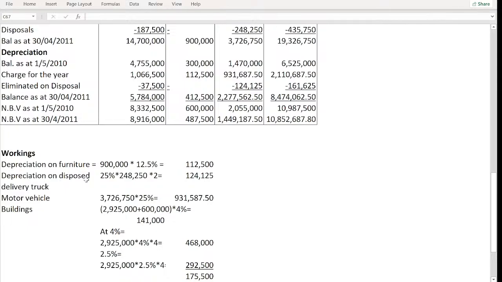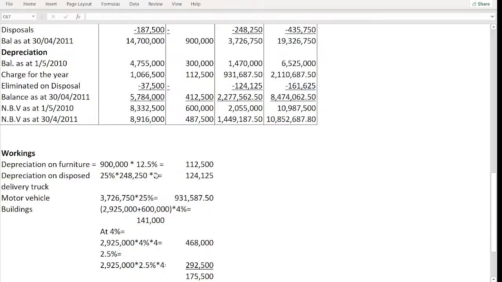Then we have the depreciation on the disposed item. We are told that a truck purchased for 248,250 was disposed, and it was purchased 3 years ago. But we are told that depreciation is fully charged in the year of acquisition and none in the year of disposal.